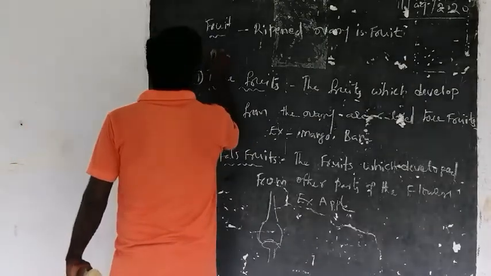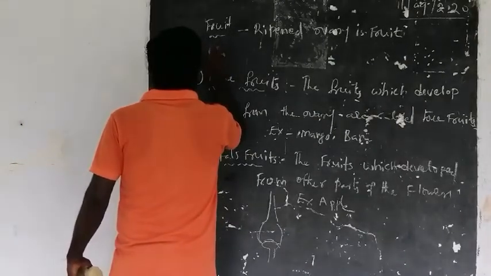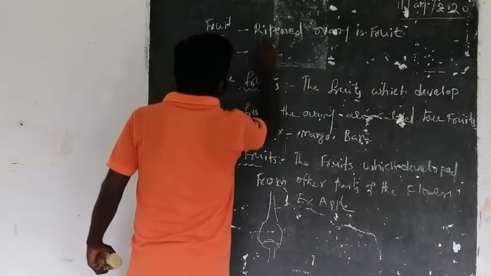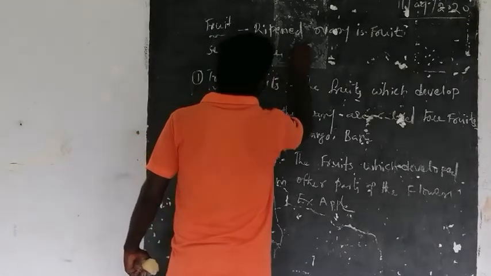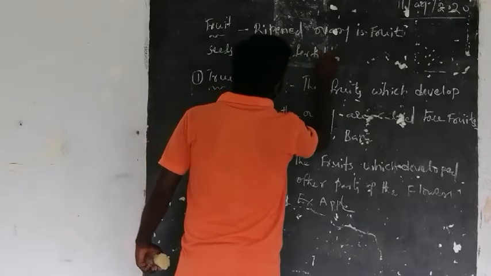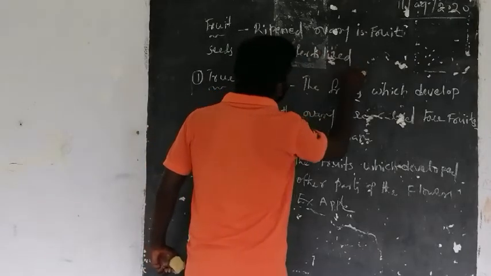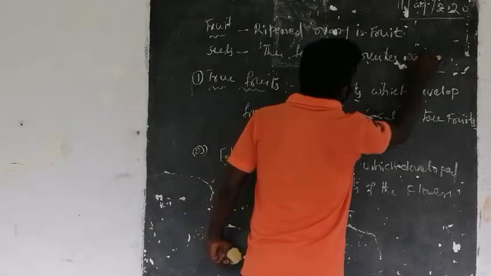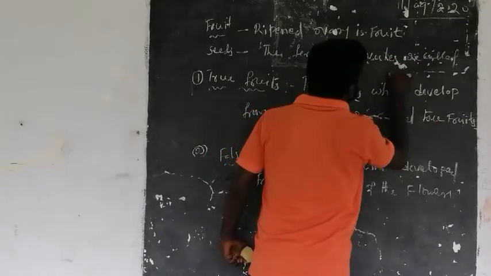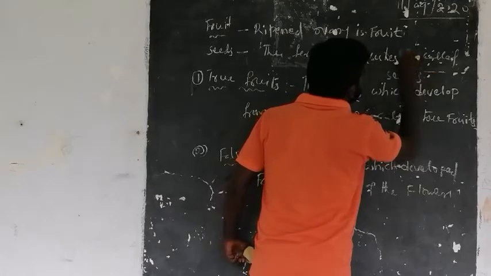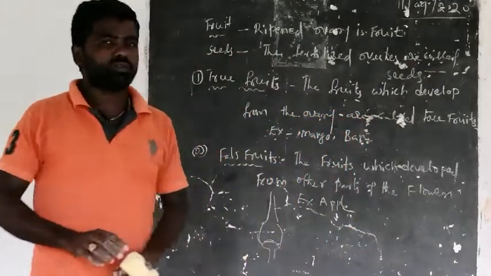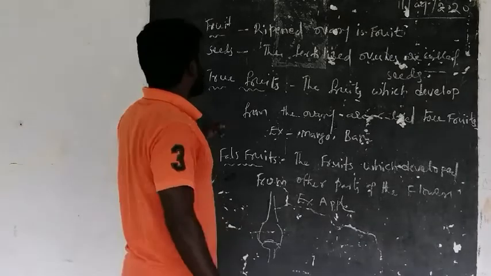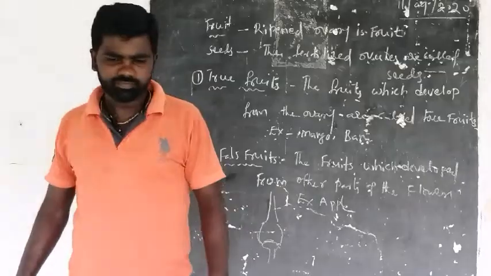And seeds: the fertilized ovules are called seeds. And this is the complete description of an angiospermic plant.